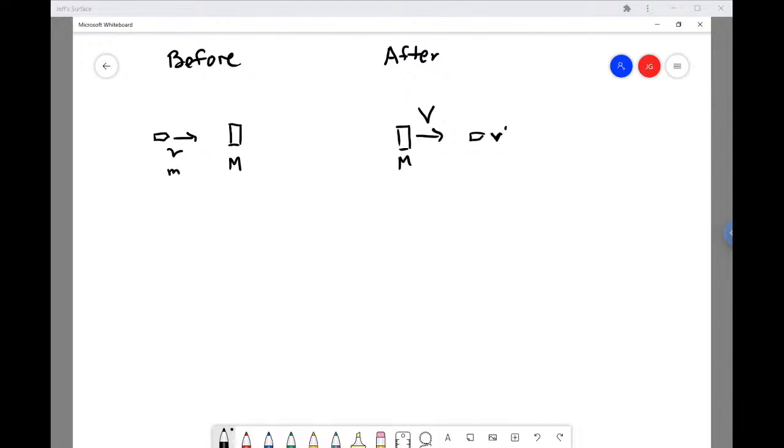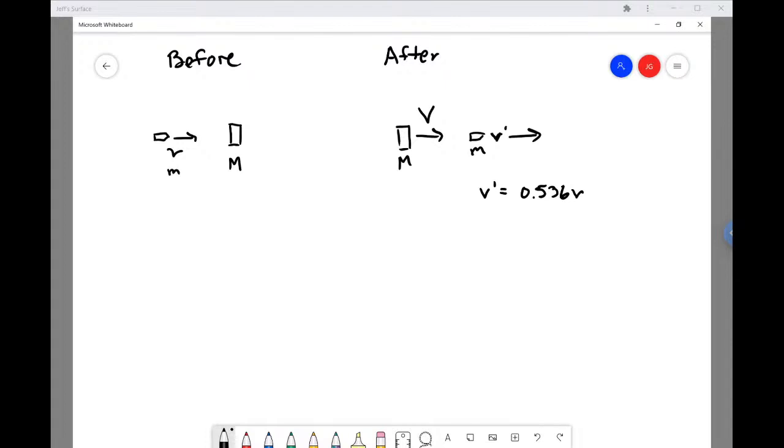And this is little m. So the information that we're given here is that this post-collision speed for the bullet, v prime, is a fraction of what it started with. It's, for my case, 53.6%, or 0.536, the initial speed. All right, that's one thing we know.